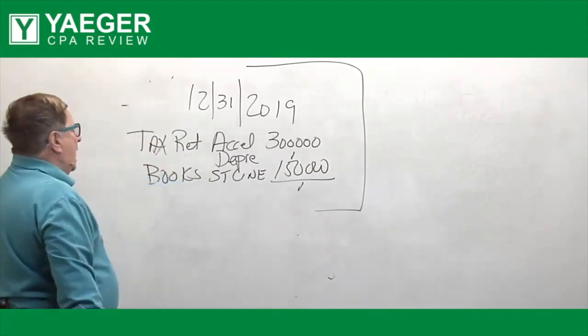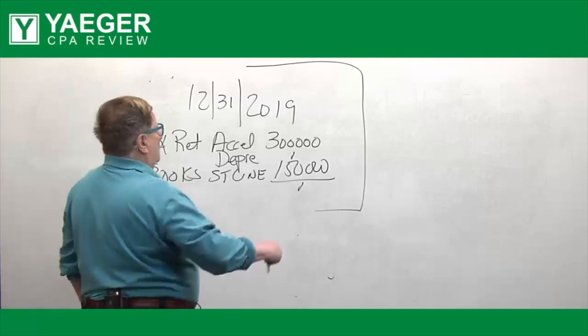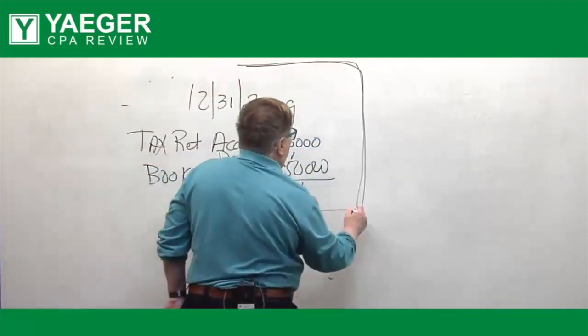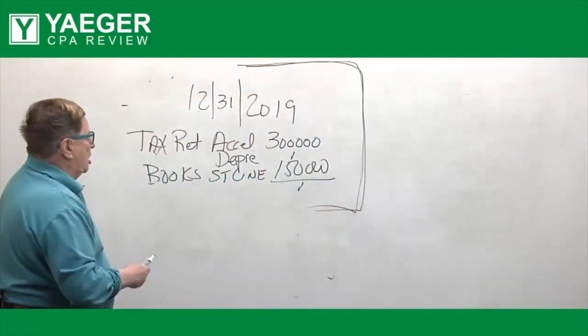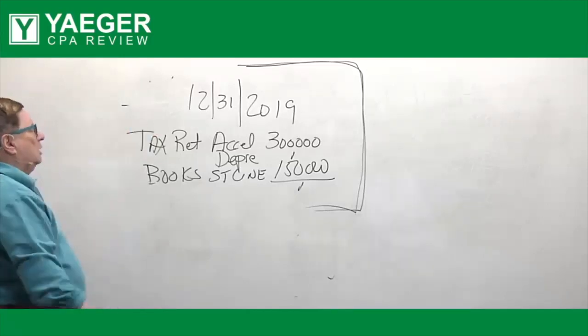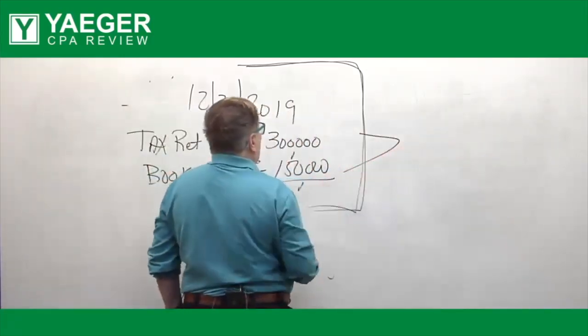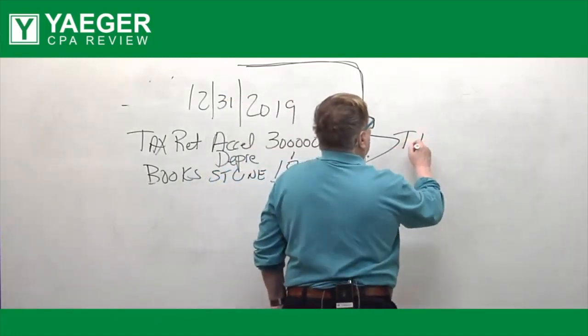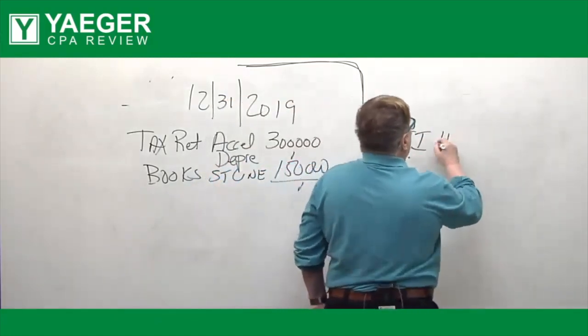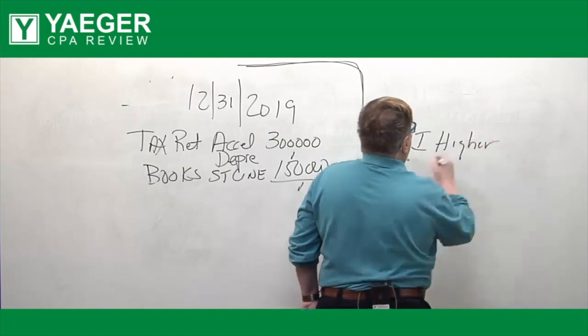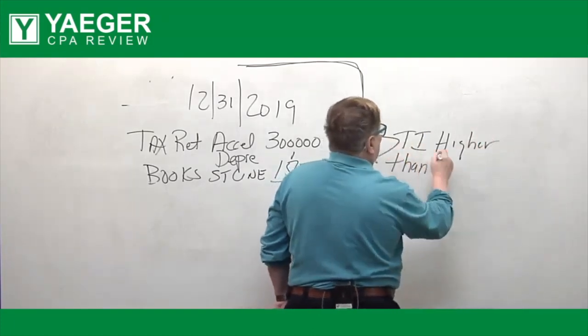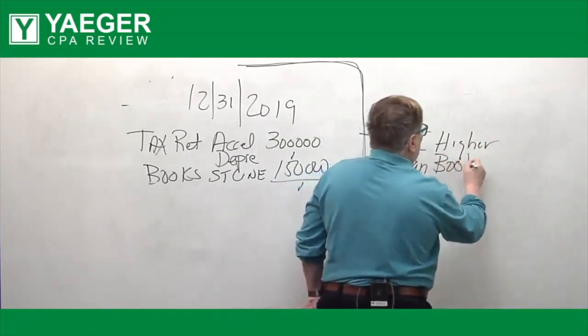Now we make this assumption. If in the current year our taxable income is going to be lower than book income, when this reverses itself, what's going to happen in the future? Well, taxable income will be higher than book income in the future because of the reversal.